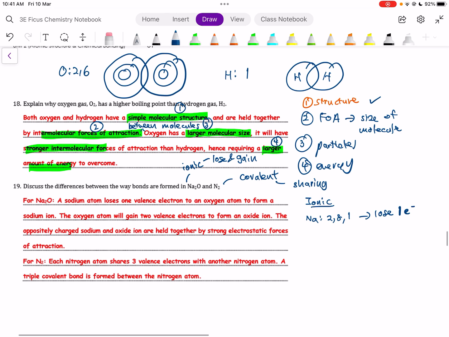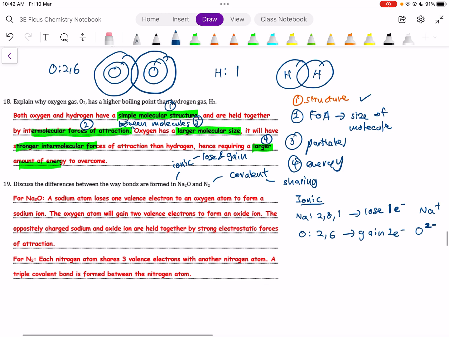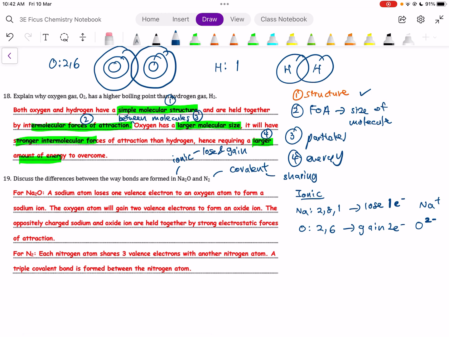Then your oxygen will gain two electrons. So you form your sodium Na+ ion, and this one forms the oxide ion. As a result of that, you get strong electrostatic forces of attraction.